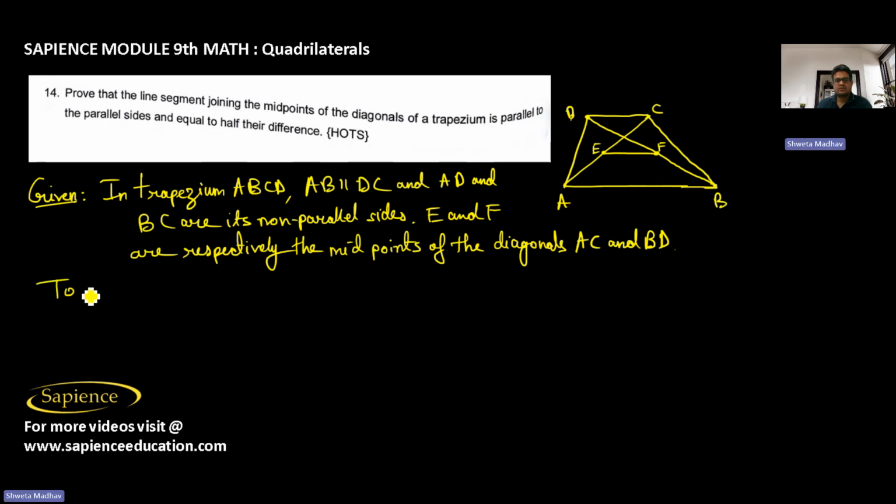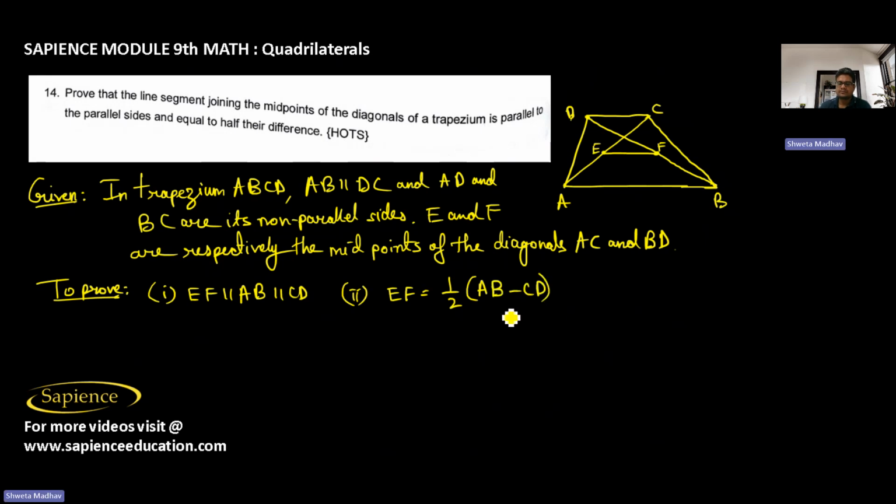Now here we have to prove, the first part is EF is parallel to AB, which is also parallel to CD. And the second part is we have to prove that EF equals half the difference, that means half of AB minus CD. That we have to prove.